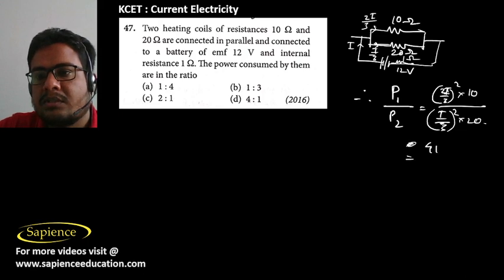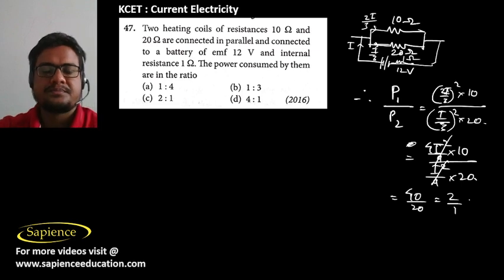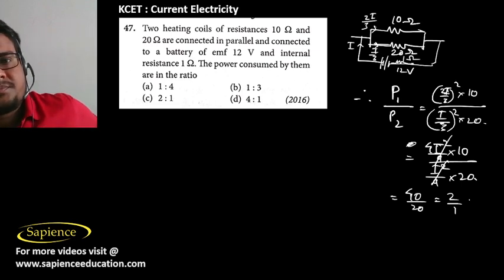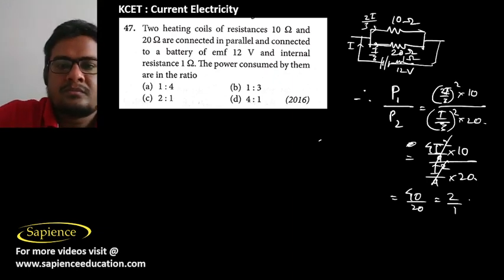This will be 4I square by 9 into 10 divided by I square by 9 into 20. I square by 9 will cancel. So this is 40 by 20, that is 2/1, 2:1. Option C is the correct answer.